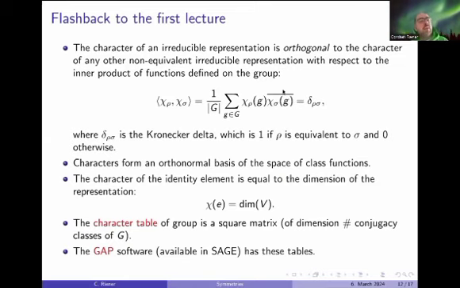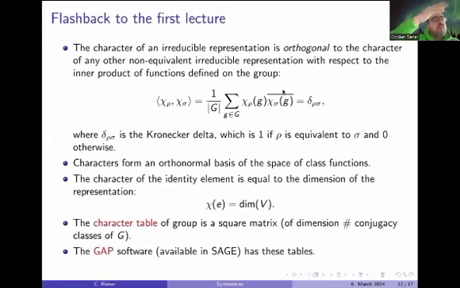To be a basis, there should be exactly as many as the dimension of the space of class functions, and this is exactly the number of conjugacy classes. So we have exactly as many pairwise non-isomorphic irreducible representations as conjugacy classes. That was a little bit hidden here.